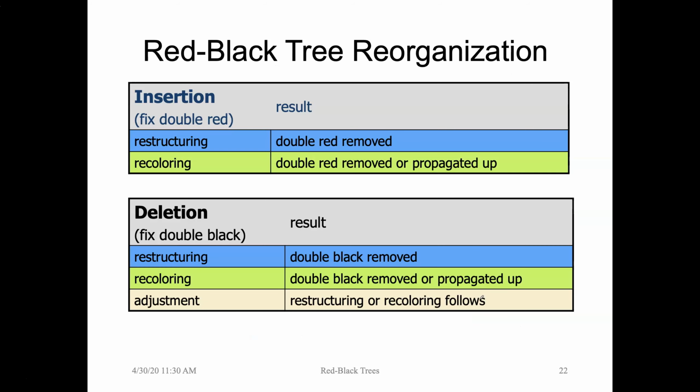So you should be able to find and insert into a red-black tree and understand which one of these cases you're in during an insert. If we created a double red, here's the black parent and the sibling.